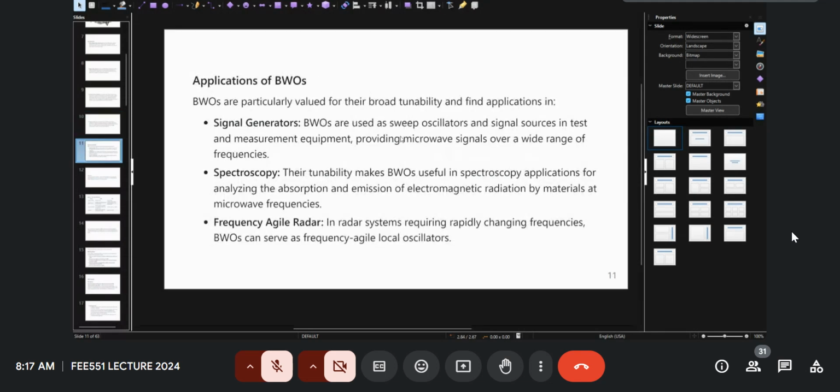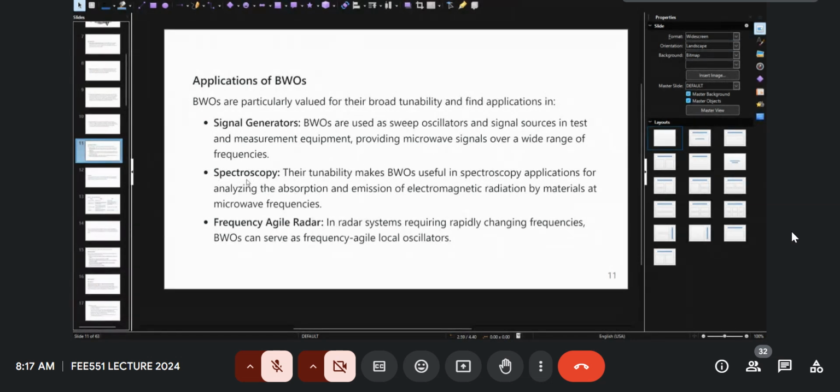Some of the applications I found are in these three fields. Remember, we talked about its advantage being a wide tunability frequency band. The applications are in signal generators, where they are used as sweep oscillators and signal sources in test and measurement equipment that requires a wide range of frequency.